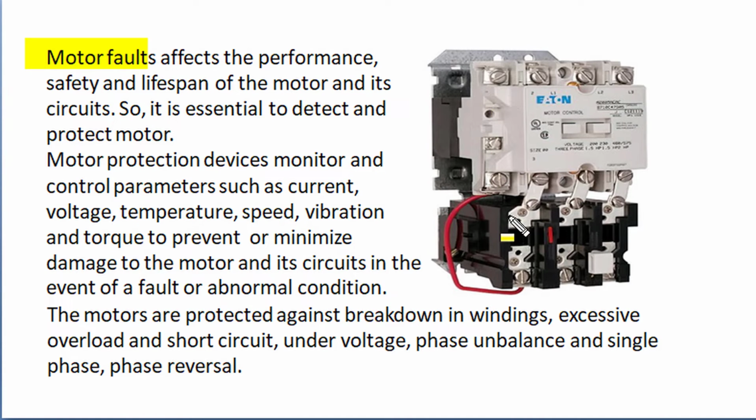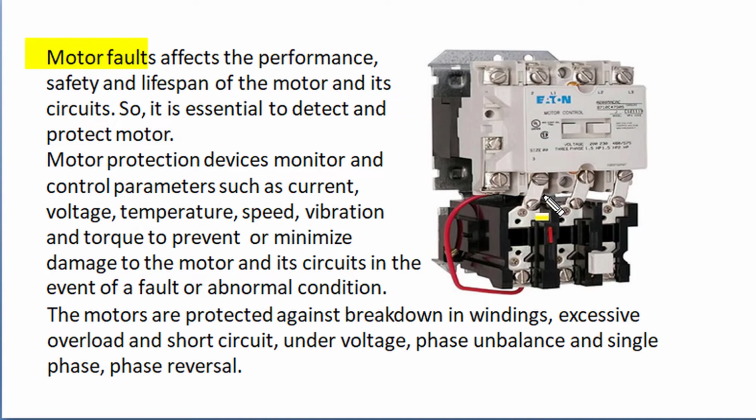A motor protective device monitors and controls parameters such as motor line current, the voltage of supply, temperature condition of winding and other critical motor parts, speed, vibration, and torque conditions, and by that monitoring and control, it prevents or minimizes the damage to the motor and allied driven system in the event of fault or abnormal conditions.